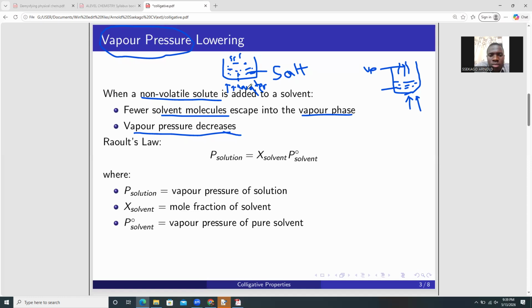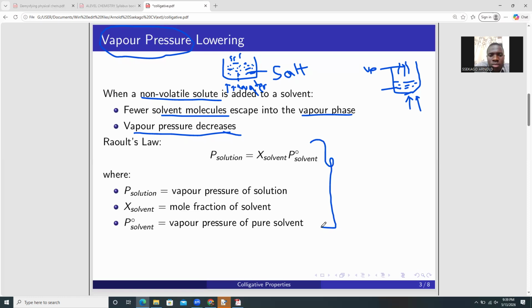If you add salt to water, some salt particles will occupy the surface of this solution, therefore reducing the escaping tendency of solvent molecules into the vapor phase. And Raoult was able to investigate that, and he summarized it in this relation.